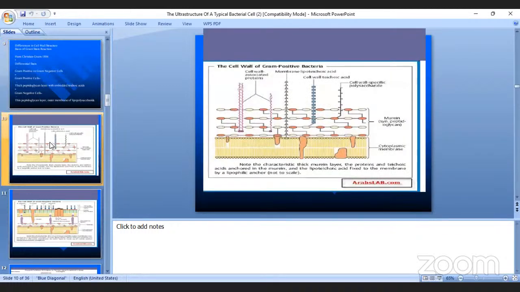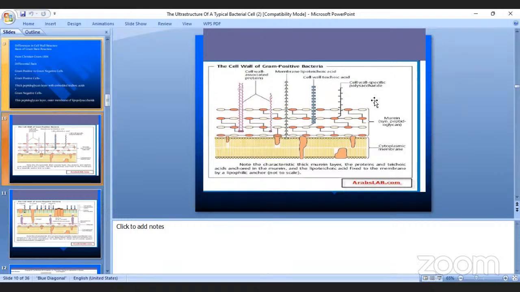Are you able to see the diagram? Cell wall of gram-positive bacteria. If you see the diagram of gram-positive bacteria, first is the cytoplasmic membrane or plasma membrane layer. After that follows the cell wall. The cell wall components are polysaccharide, and teichoic acid is also present.